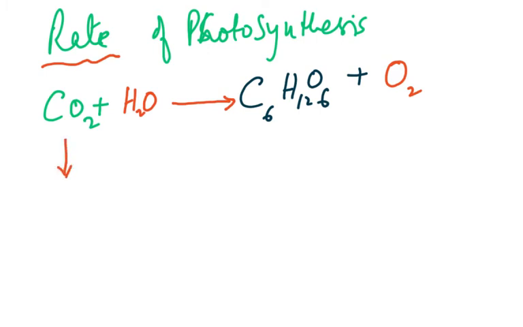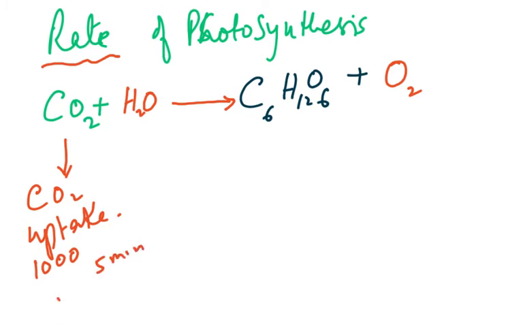Either we can find out the rate of CO2 uptake, how quickly, how much CO2 is taken up. Like if you have a closed room in which the carbon dioxide molecules were 1,000, and then in 5 minutes they went down to 500. So you know 500 molecules of carbon dioxide were taken up for the process of photosynthesis.